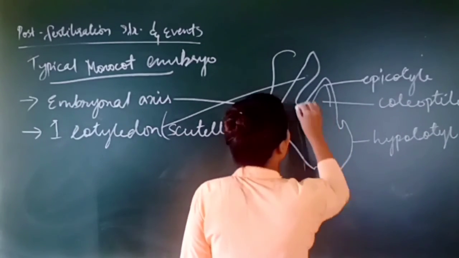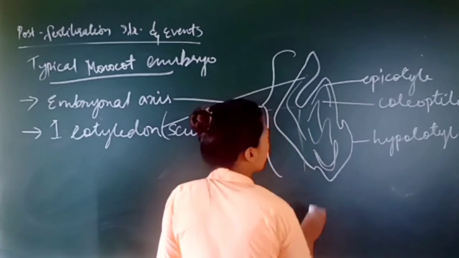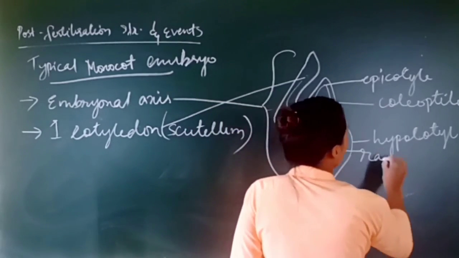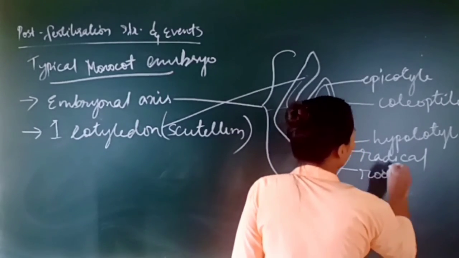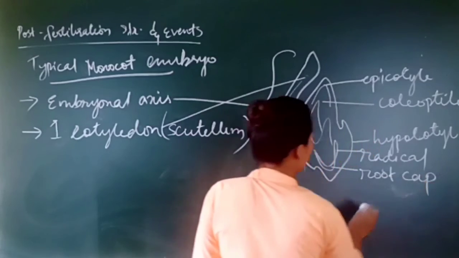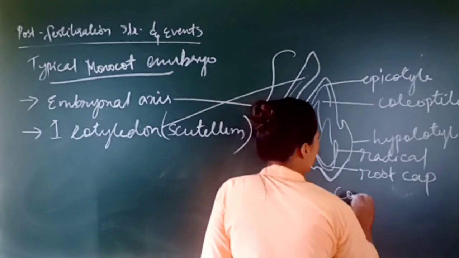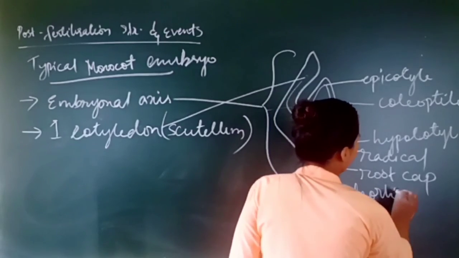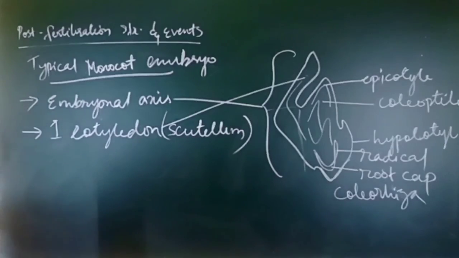Then we have all the structures inside, and one more structure here. This is called the radicle, this is the root cap, and this root cap is covered in a thin sheath called the coleorhiza. So this is how the mature monocot embryo looks.